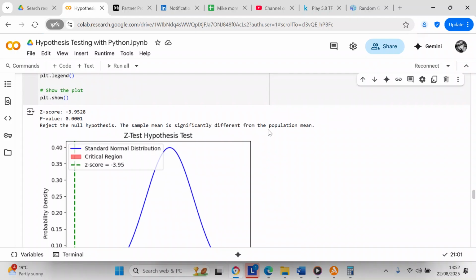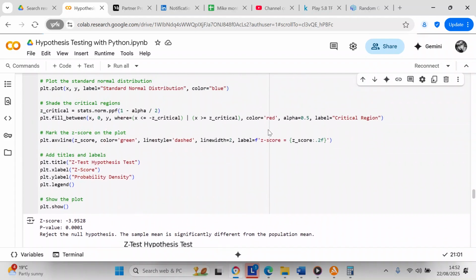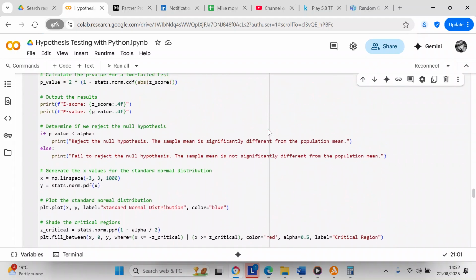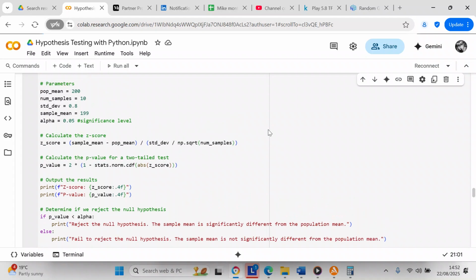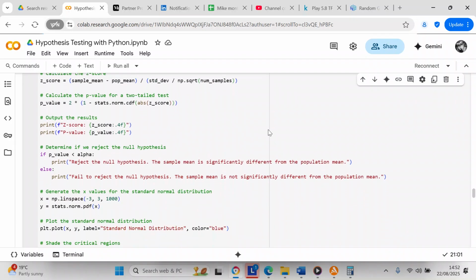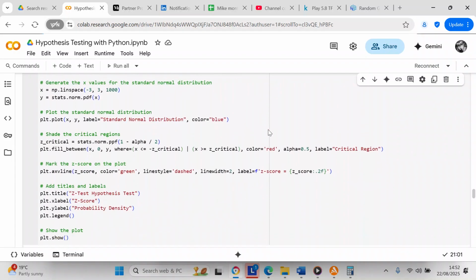But what I want to check here is that it gives you the sample mean of 199, but it says the sample mean of 199 is still significantly different from the population mean.